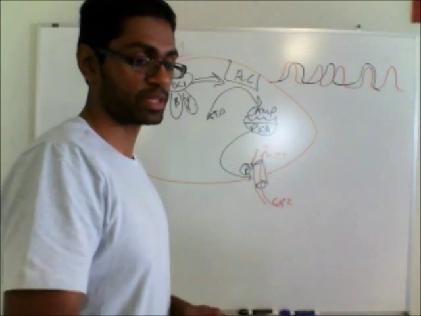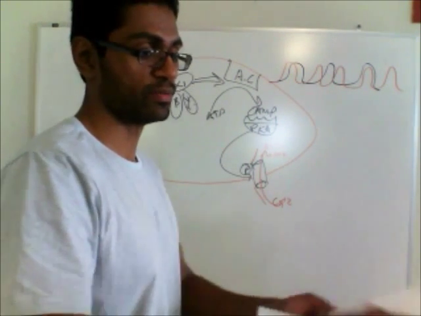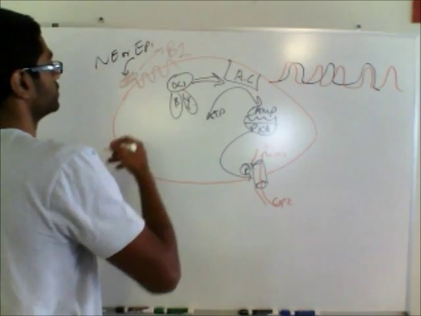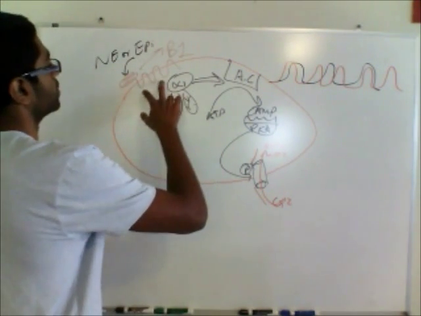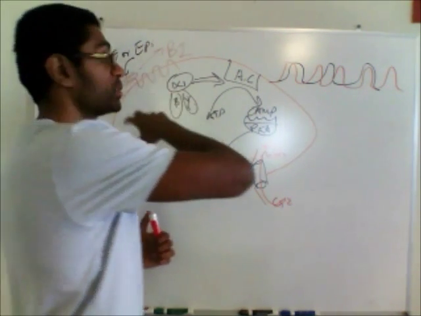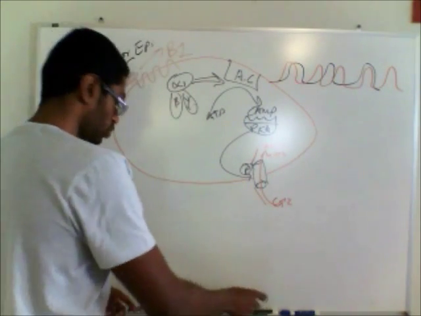Now the parasympathetic is very similar to this, except instead of this being a B1 transmembrane protein, it is an M2.